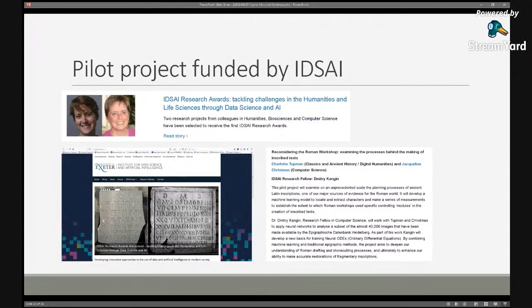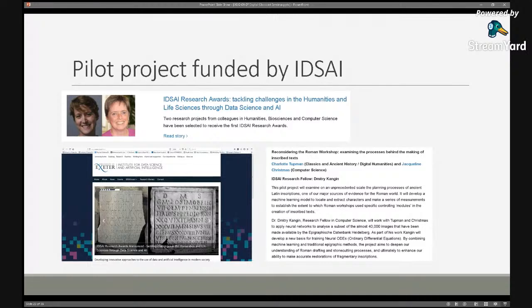And it turned out that she was actually quite interested from a computer science point of view, just as I was interested from an ancient history point of view, because she was interested in the possibility of being able to identify where text existed in what I would describe as problematic images. So images where the contrast was very low, or there's damage to the stone, damage to the surface, that kind of thing.